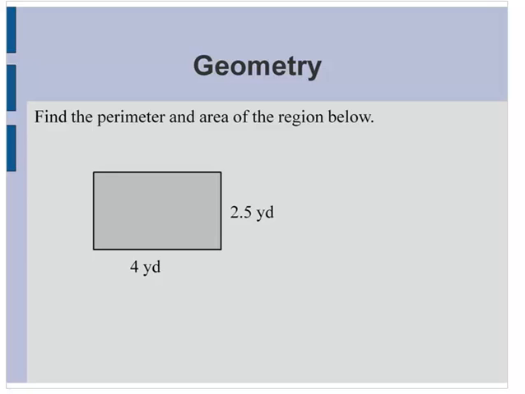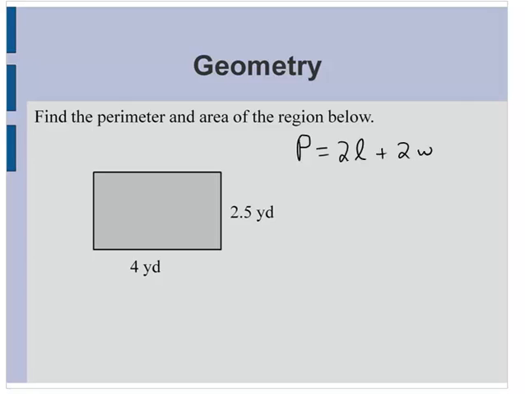So, some geometry. Here we are asked to find the perimeter and area of the region below. We have a rectangle, and so hopefully you are aware that the perimeter of a rectangle is given by twice the length plus twice the width. If you forget this formula, remember for most shapes, the perimeter is you just add up all of the sides.